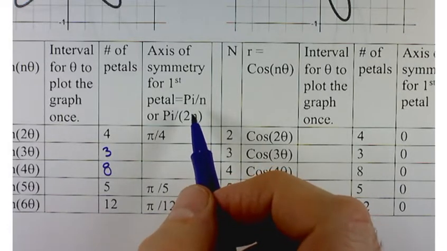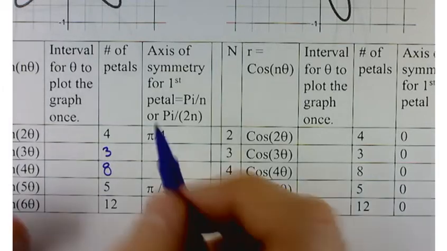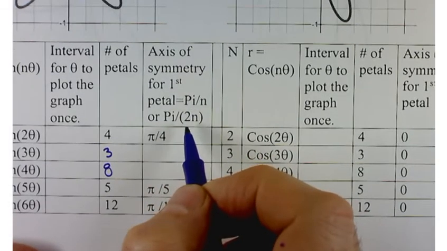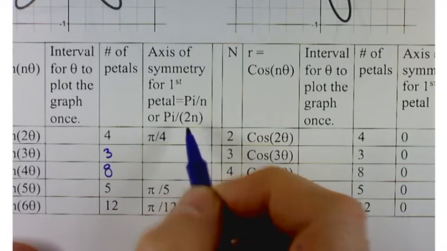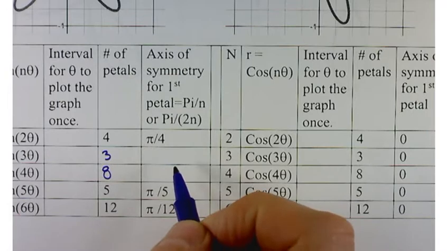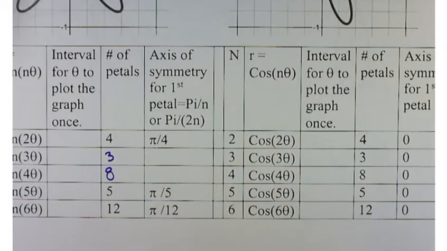Let's see. Is that right? Let me see here. It says pi over n or pi over 2n. This is going to be if you have an even number or an odd number. Does that work? Let's see.